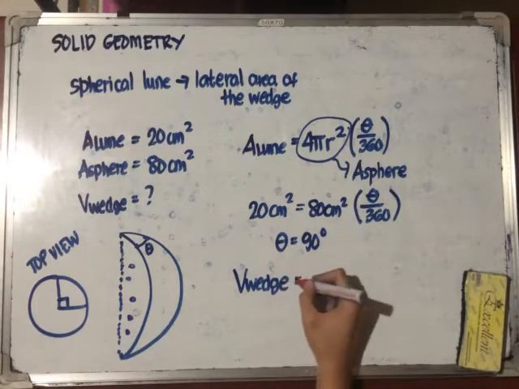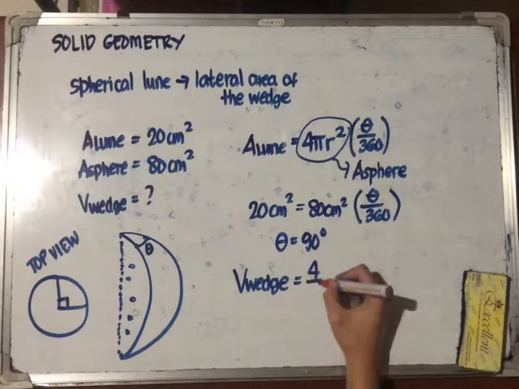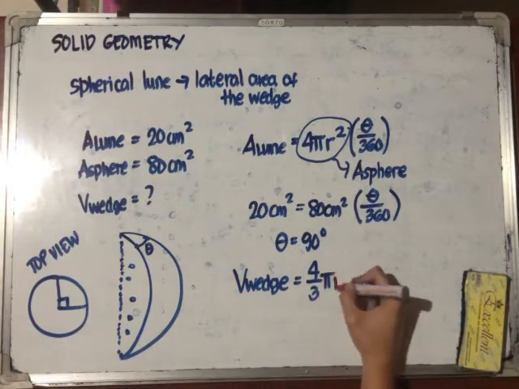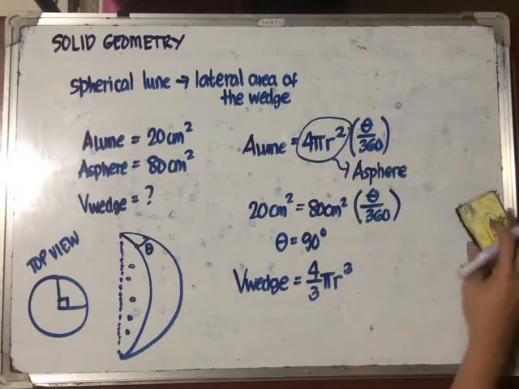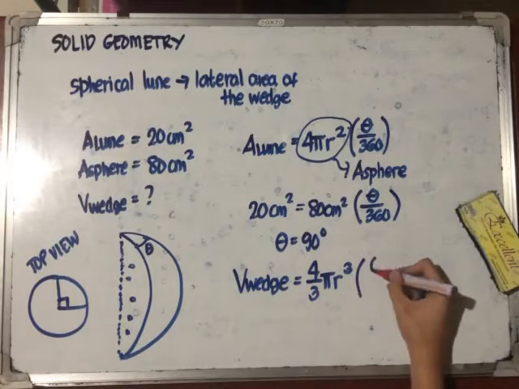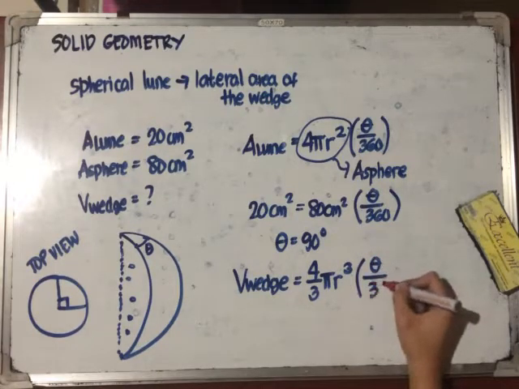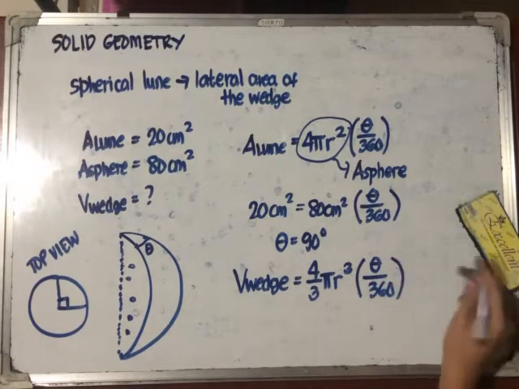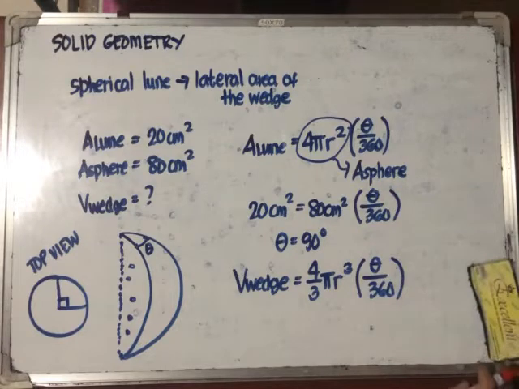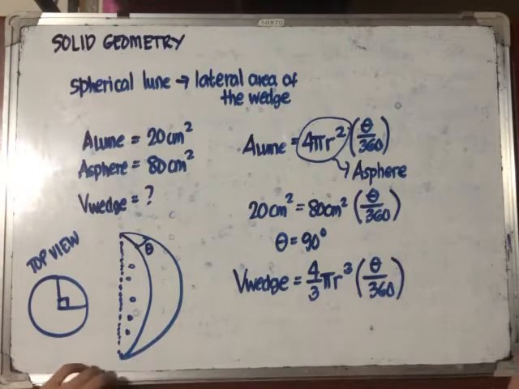That's the volume of the entire sphere, 4/3 pi r cubed times, again, theta over 360. Ganun mo siya kunin. Alright, we have the theta value already, but we don't have the exact value for our radius yet.